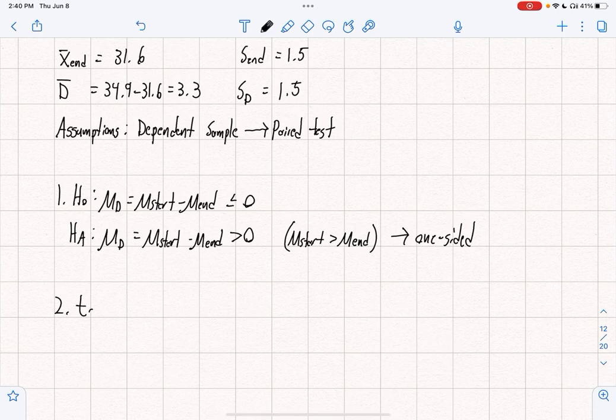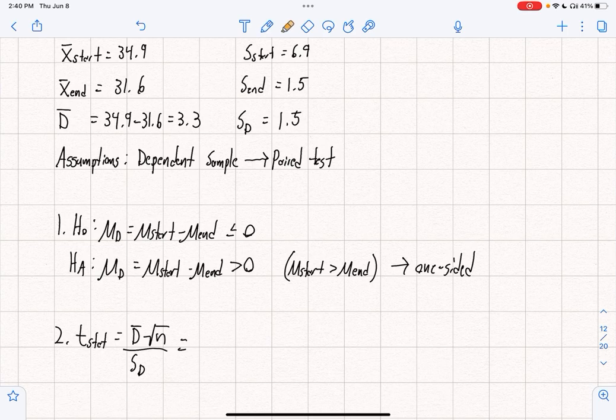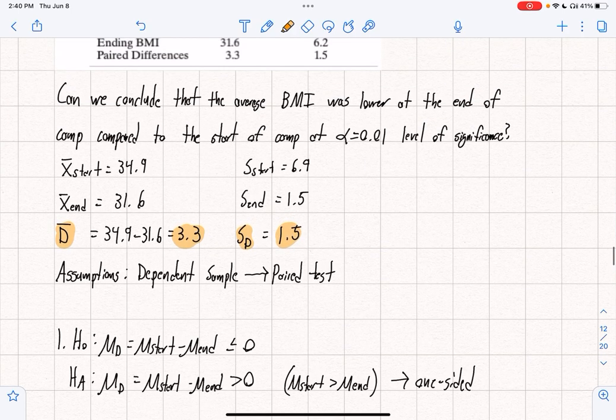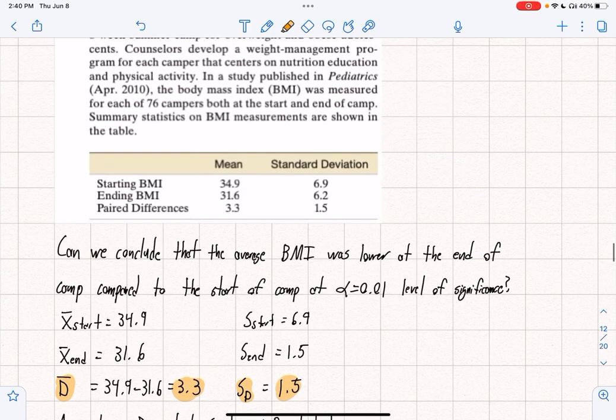Okay, so t-stat will be equal to d bar square root n over sd. So we already have these values. D bar was 3.3 and SD was 1.5. What's our sample size here? N here is 76. So let me rewrite that.